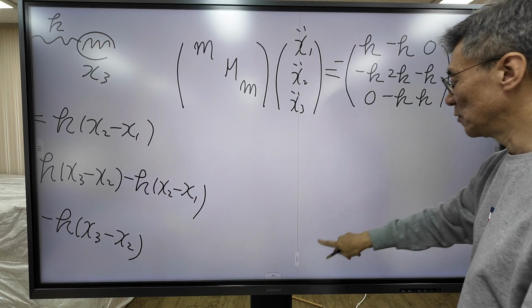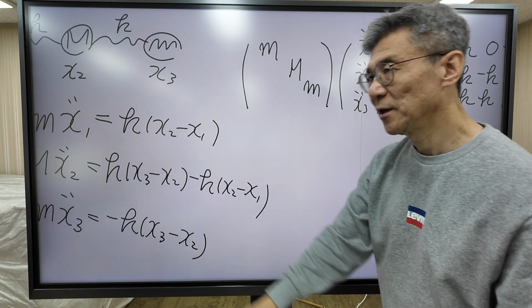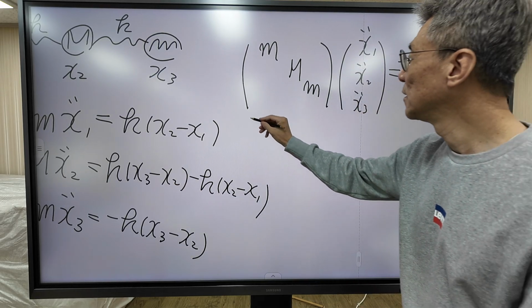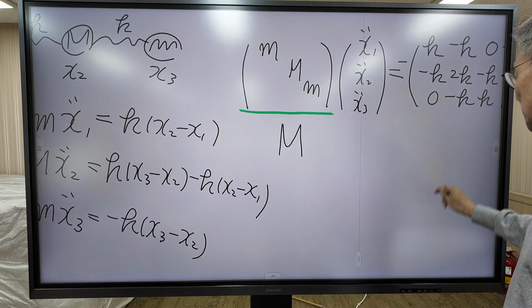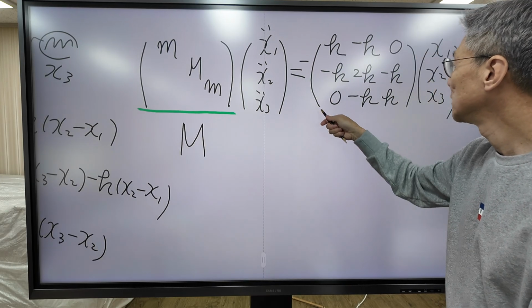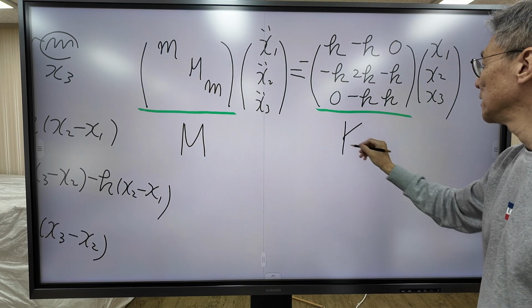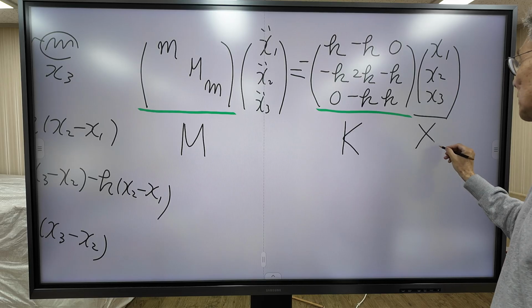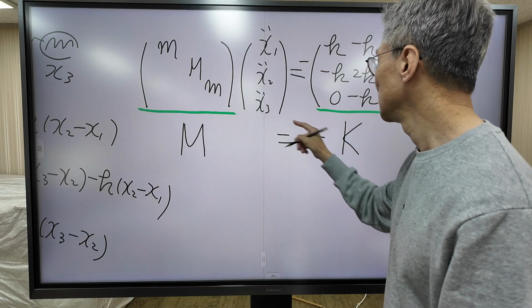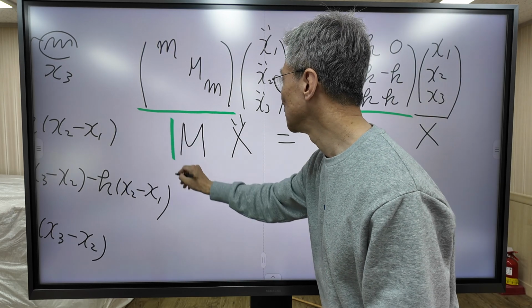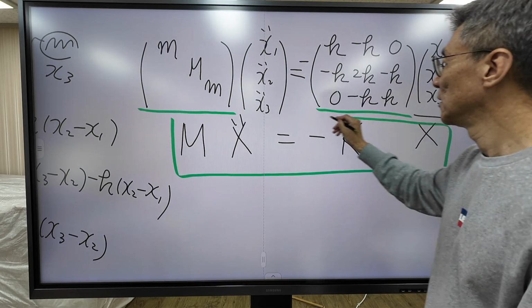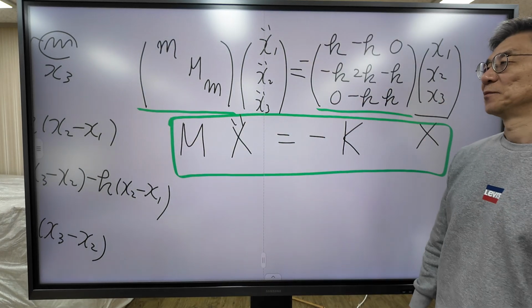This is the matrix form of this Newton equation. So I will call this matrix M, and I will call this matrix K, this matrix X. This matrix is X double dot. This is the multiplication in matrix form.